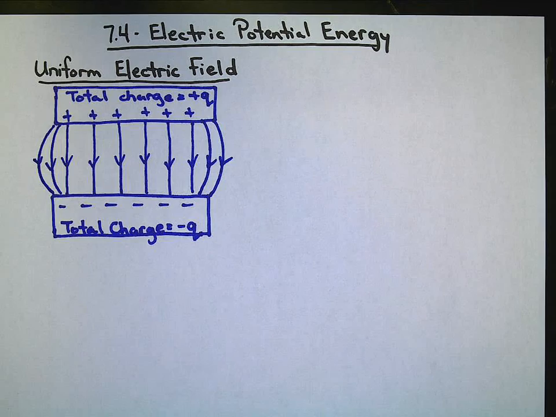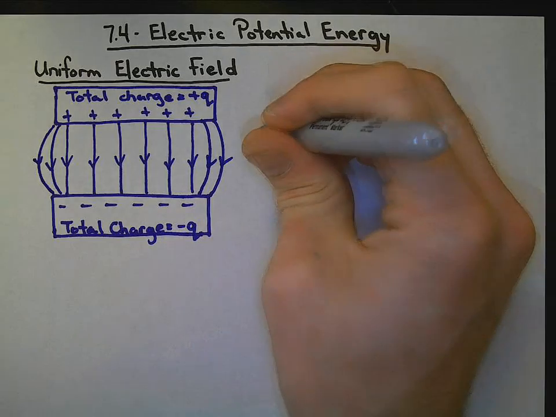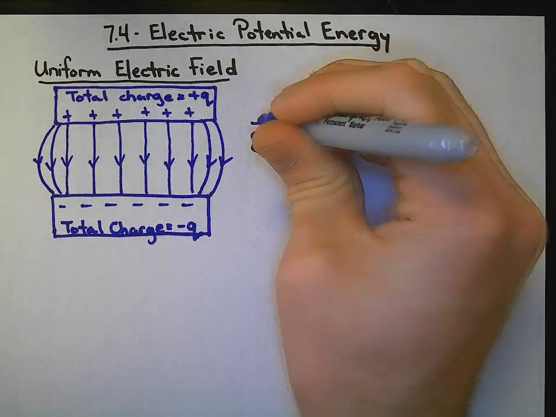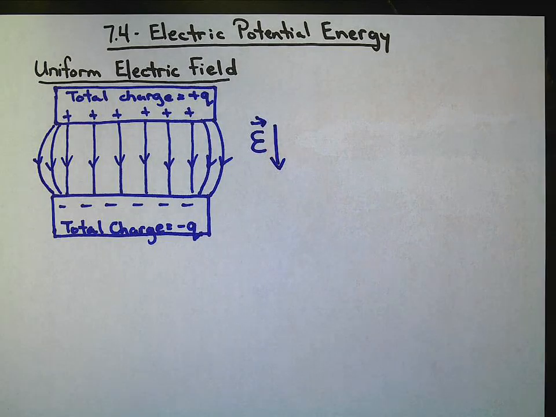Leaving the positive charge, going away from the positive charge and towards the negative charge. So what this tells us is that our electric field is actually going towards the negative charge. So there's the direction in which it is going.